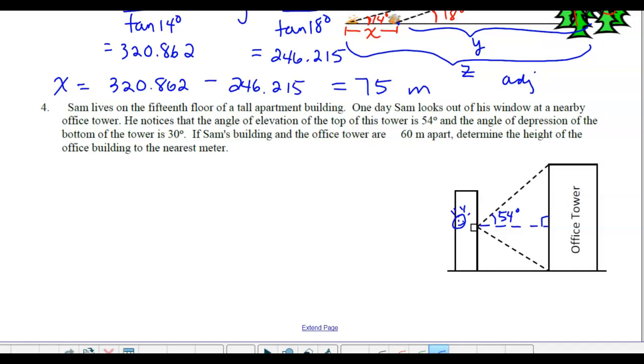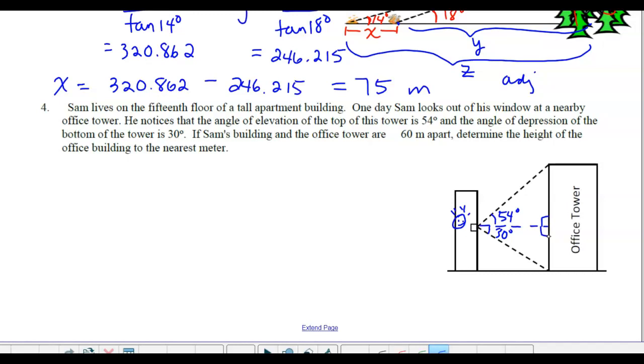Angle of depression is horizontal downwards, and that is 30. So in that triangle, that's also a 90-degree triangle. And so we're asked to find the height of the office building.